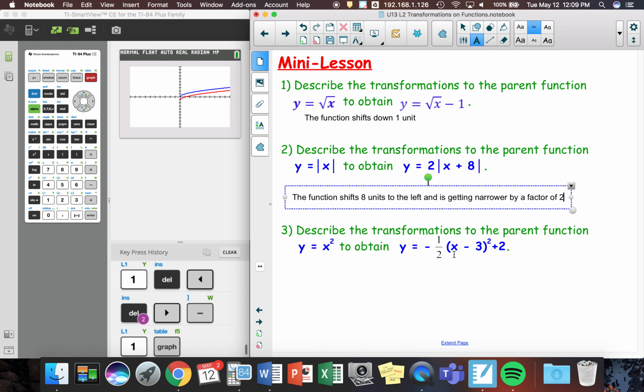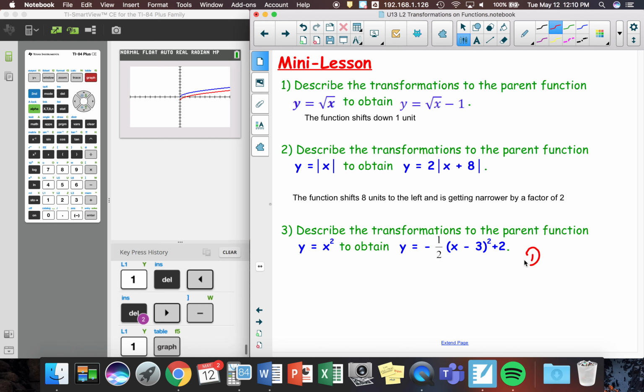And finally, take a look at this one. Let's take it a step at a time. So, let's see. We have a couple of things going on here. The first thing that I see is this plus 2 on the outside. We know that it's going to be shifted. So since it's on the outside, it's going to go up.